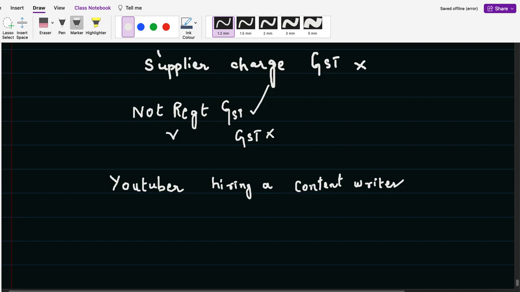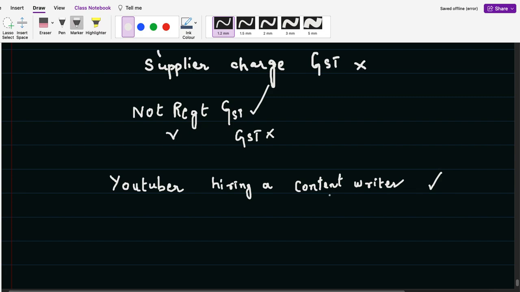You know what we mean by freelancer? They don't have any fixed GST number, they are not registered, and their annual income is sometimes below 20 lakhs. If your turnover is less than 20 lakhs, then it is not compulsory for you to have a GST registration number. Normally they would charge you GST, but since they are unregistered, the recipient has to pay the GST on the services. Got it?